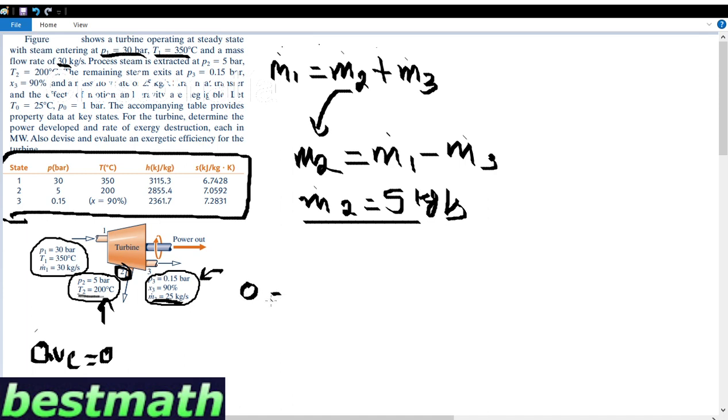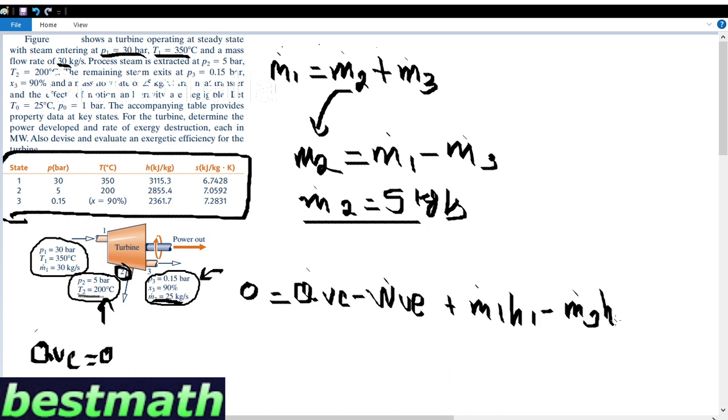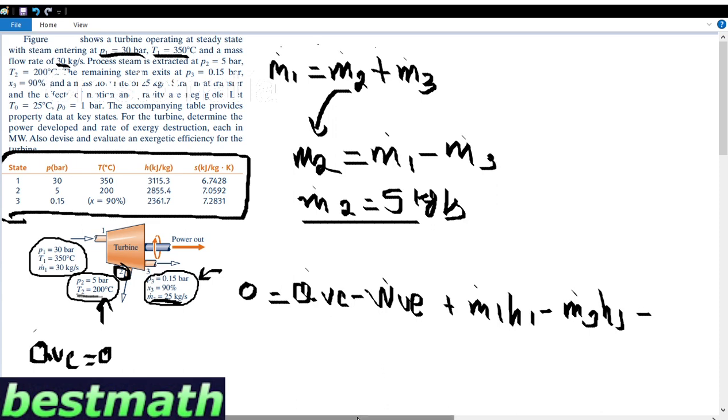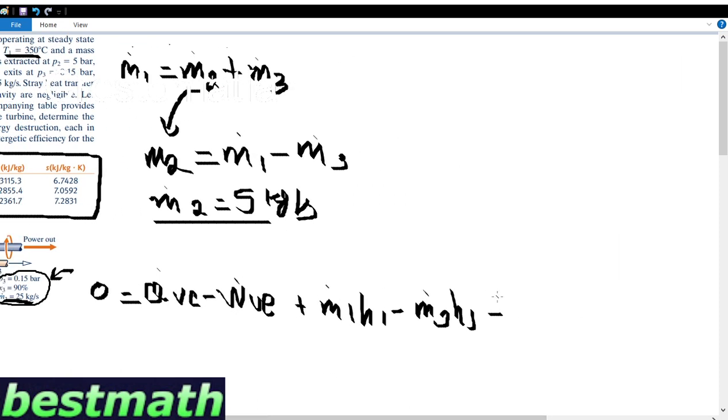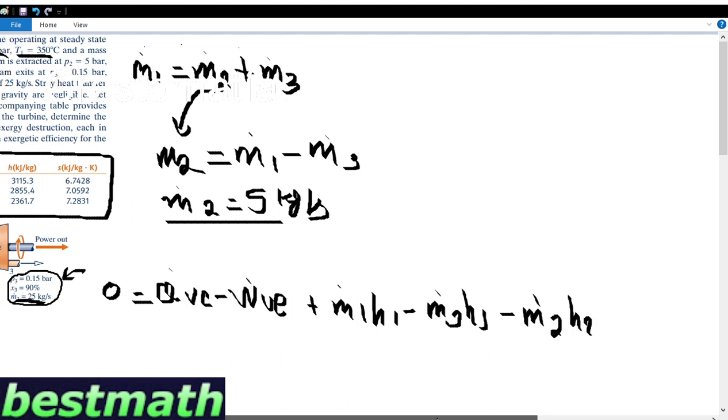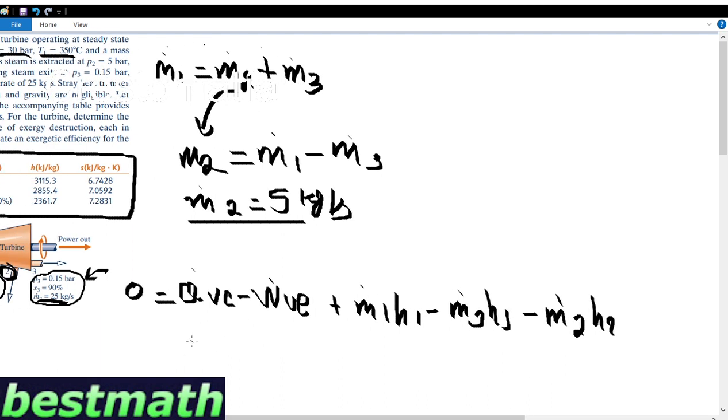Then, to determine the power developed by the turbine, we have to do an energy balance for a control volume. The energy balance is as follows. 0 is equal to the heat transfer inputs or outputs minus the power developed by the control volume plus the sum of mass flows times inlet enthalpies minus the sum of mass flows times outlet enthalpies.